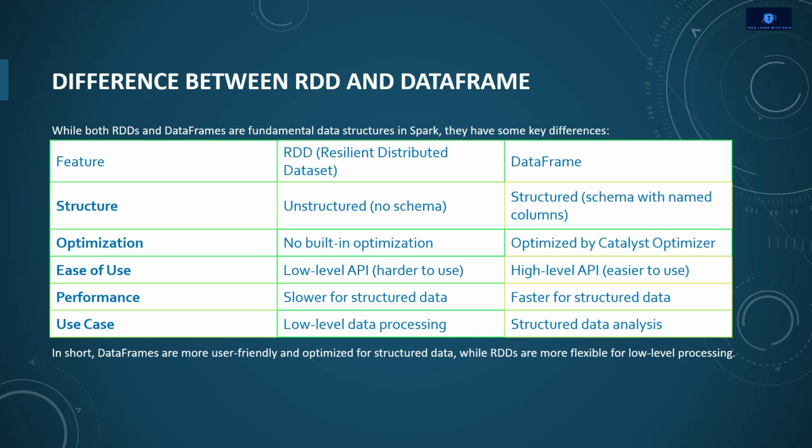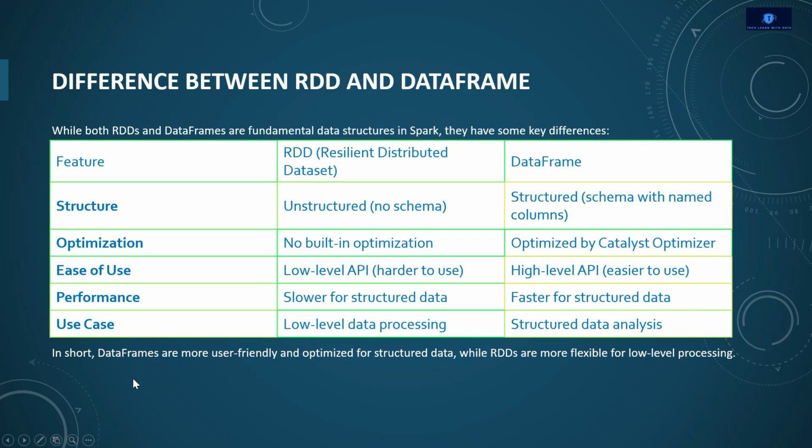Ease of use: RDD is a low-level API and harder to use, whereas DataFrame is a high-level API and easier to use. If we talk about performance, RDD is slower for structured data, but DataFrame is faster for structured data.